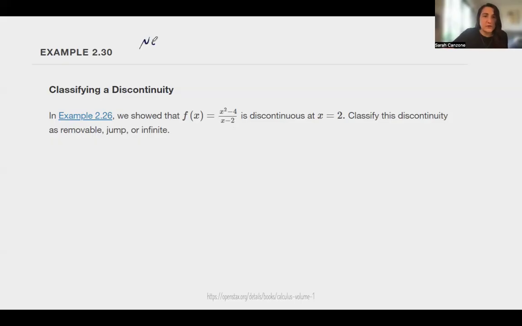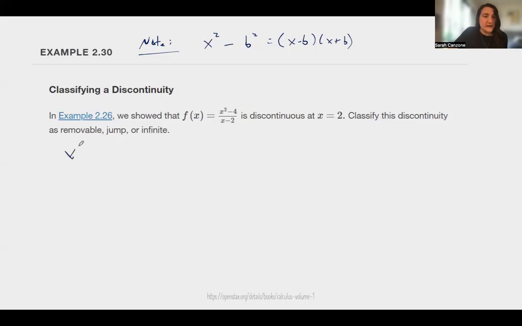I'll put this as a little note. This happens when you have x squared minus, I'll call it b squared, where b is any number. The difference of perfect squares is x minus b, x plus b. So if you ever see anything of this form, x squared minus some number squared, 4 is 2 squared here, then you can immediately write this as a difference of perfect squares, x minus 2, x plus 2.